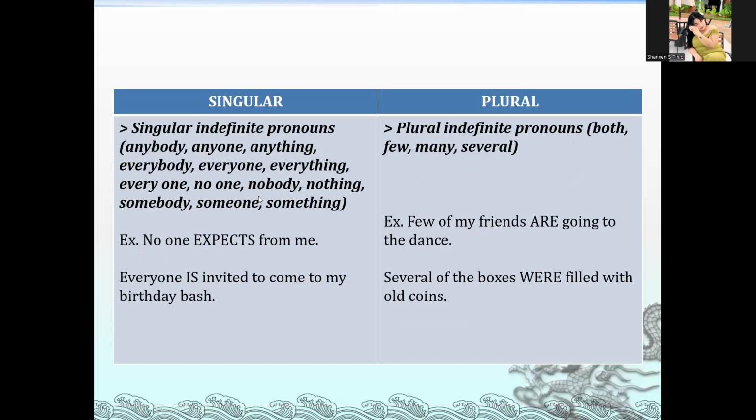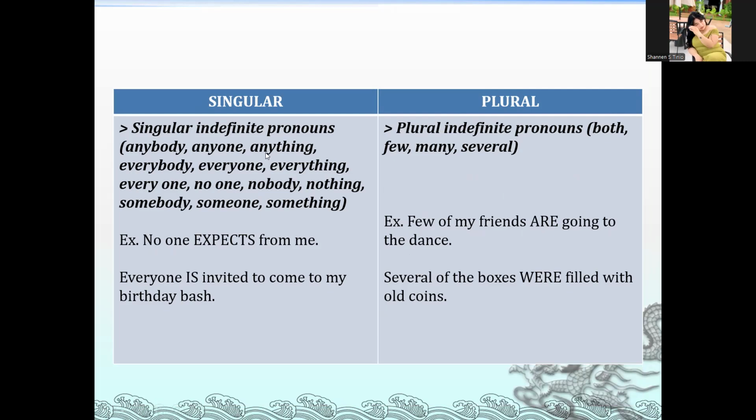Move na tayo dito. So we have indefinite pronouns. We studied indefinite pronouns a few weeks ago, if you remember, and if you were able to catch up with that lecture. But if not, indefinite pronouns are pronouns that do not particularly have a person in the sentence. You can't identify anyone particularly, because indefinite pronouns come in these forms.